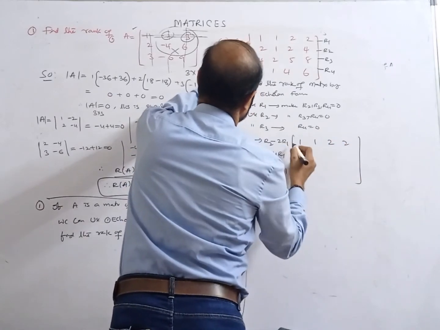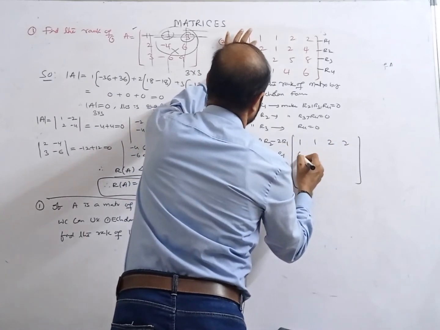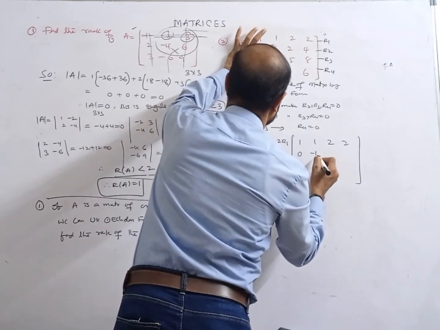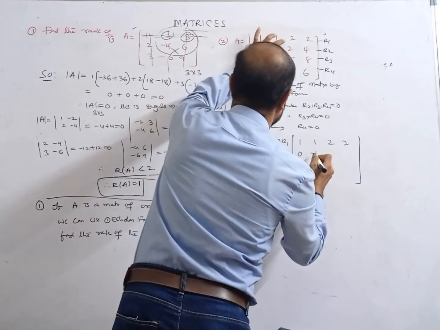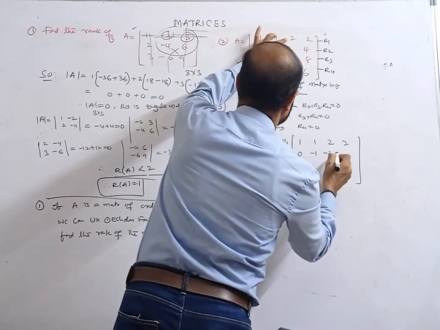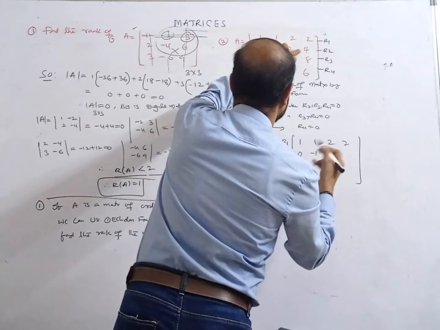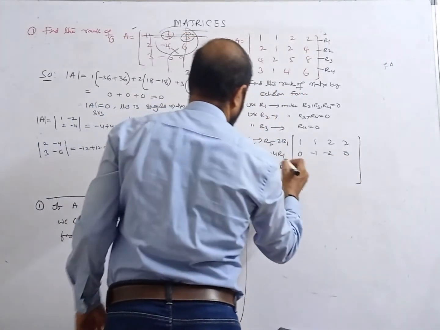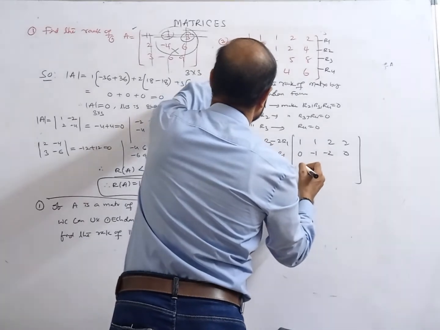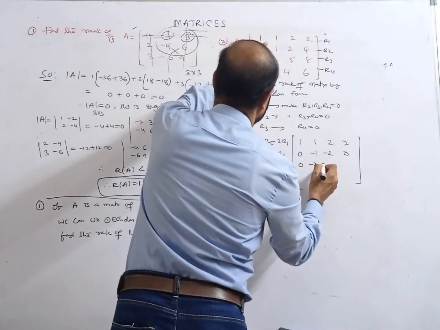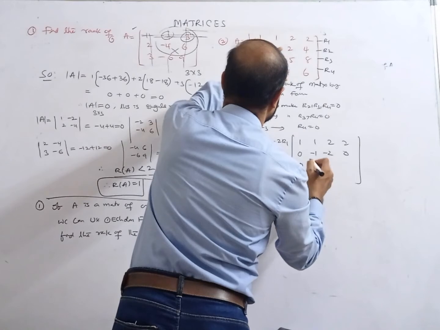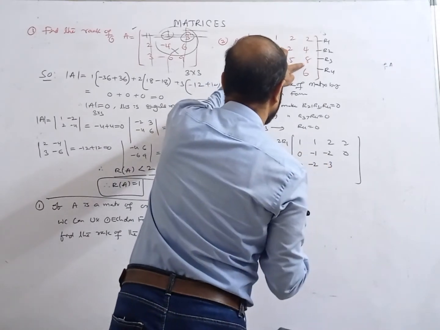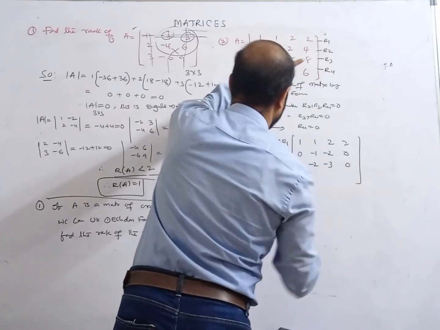This is the same. R2 minus 2R1: 2 minus 2 is 0, 1 minus 2 is minus 1, 2 minus 4 is minus 2, 4 minus 4 is 0. Next, R3 minus 4R1: 4 minus 4 is 0, 2 minus 4 is minus 2, 5 minus 8 is minus 3, 8 minus 8 is 0.